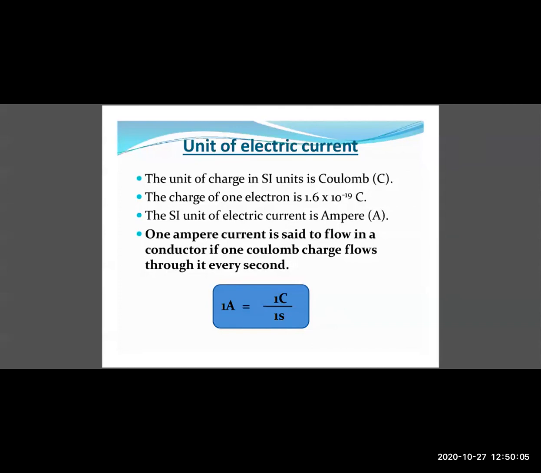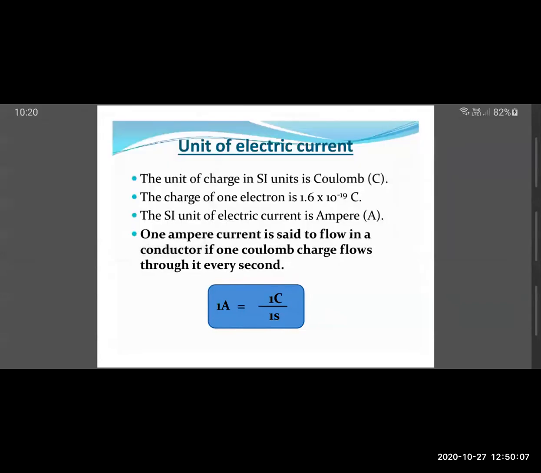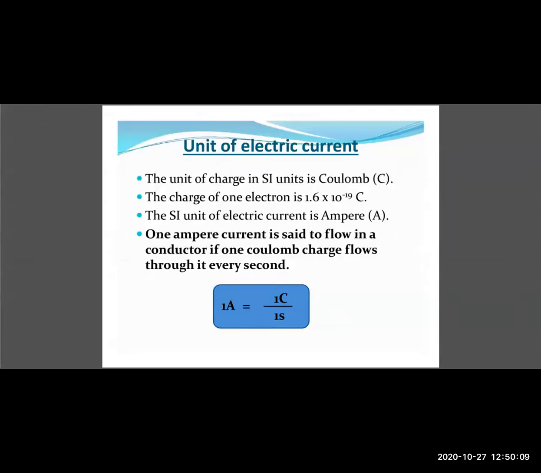Let us define 1 ampere. 1 ampere current is said to flow in a conductor if 1 coulomb charge flows through it every second. If you cut across a wire and measure the amount of charge passing through that cross section in 1 second, you can calculate the current in amperes.